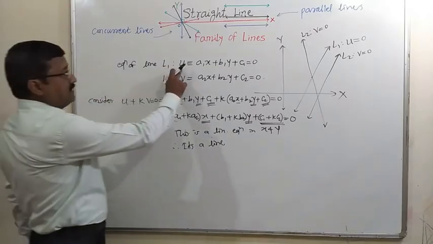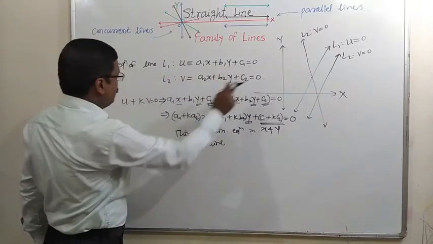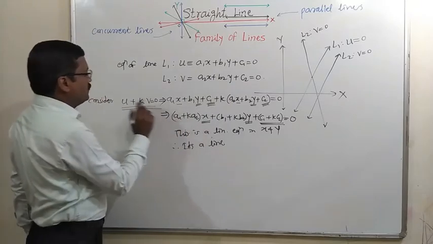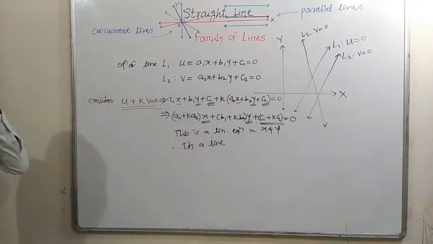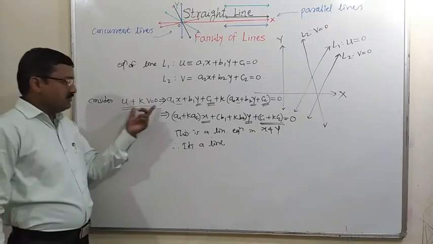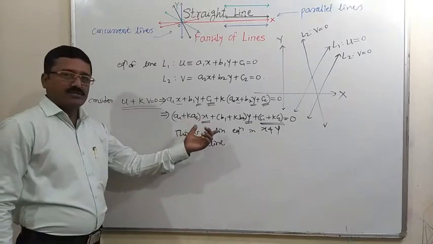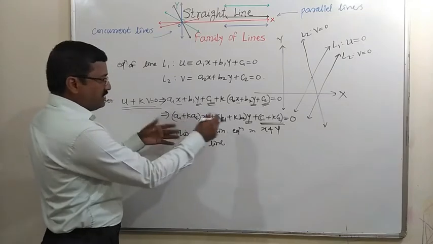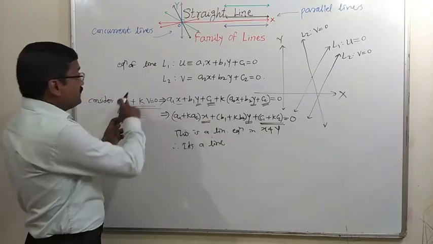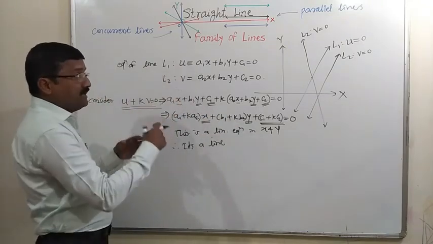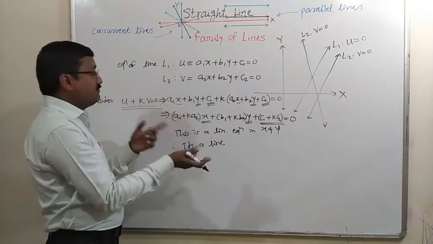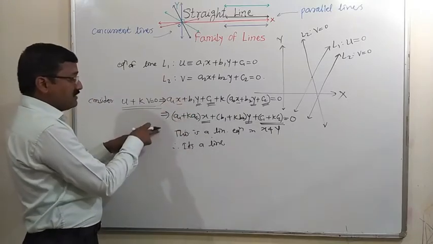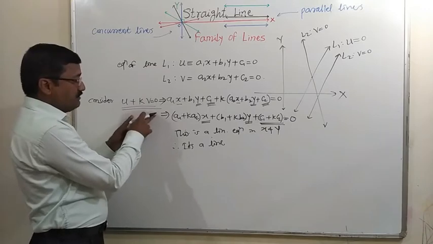We have given two lines u equal to 0 and v equal to 0. Then from that we have found this u plus kv equal to 0, and this is again an equation of a line. Obviously, for each value of k, we will get another line. Initially these two lines are given. They may be parallel or intersecting, but we get a third line from this equation u plus kv equal to 0.